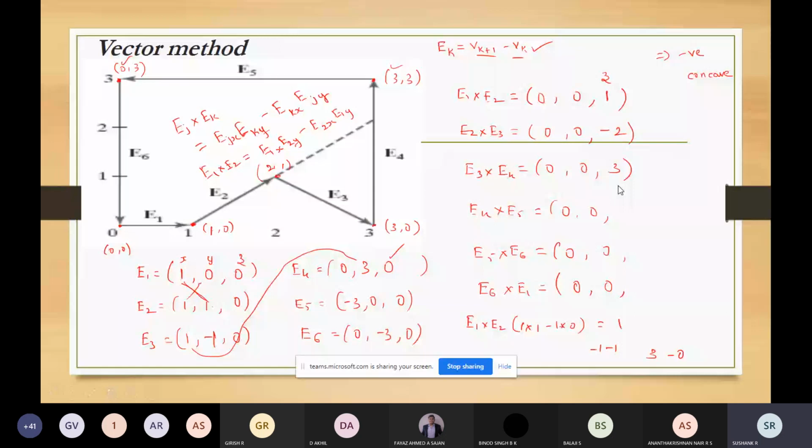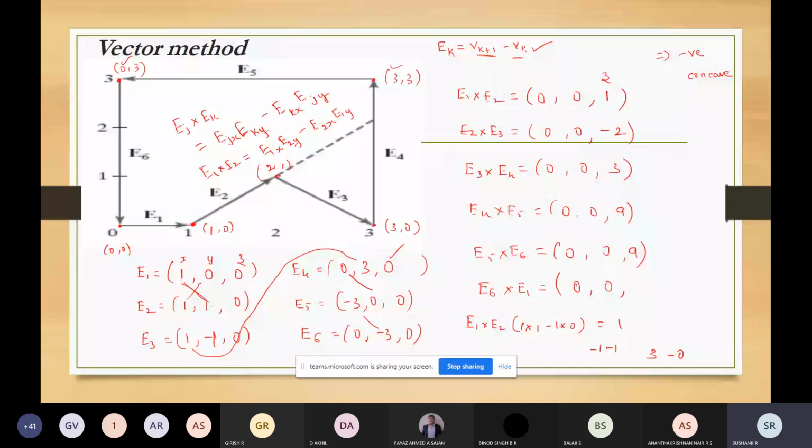Similarly, E4 into E5: 0 into 0 is 0, minus 3 into minus 3. Minus into minus becomes plus, 3 into 3 becomes 9. So E4 into E5 will be 9. Similarly, E5 into E6: minus 3, 9. 9 minus 0 will again be 9. Again E6 into E1: 1 comma 0, 0 into 0 is 0, minus 1 into minus 3 gives plus 3.